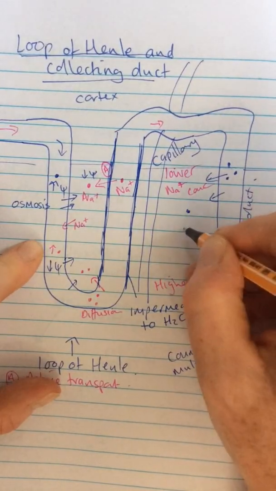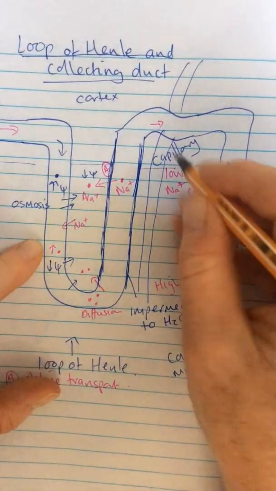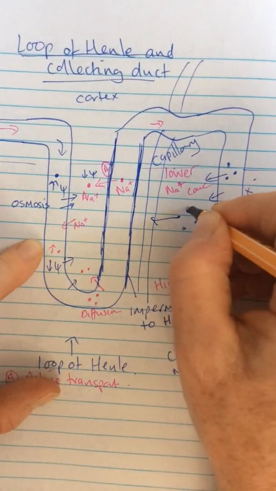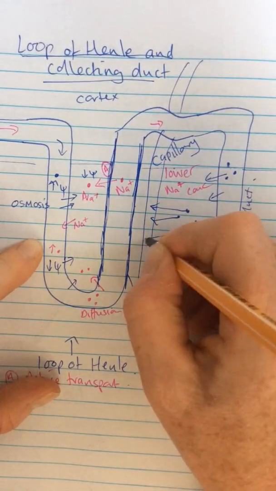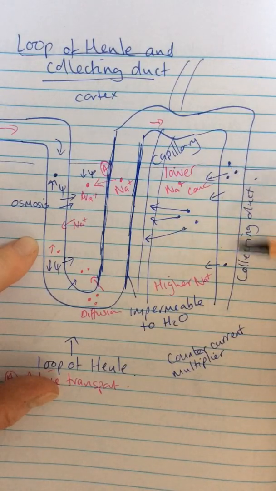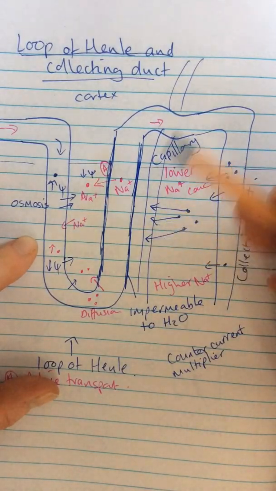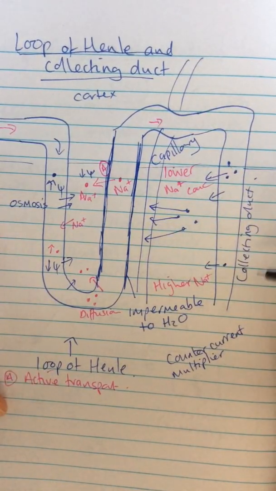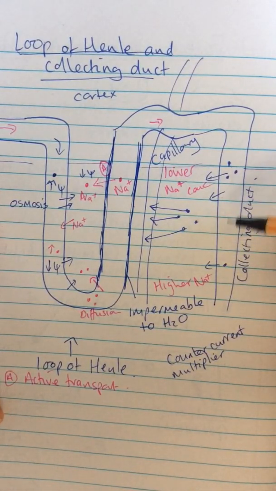Water that's moved out into the medulla will then be reabsorbed back into the blood. Okay, so the point is that you're trying to get the water from the nephron and into the blood, which is where you need it. Okay, the way that this is controlled involves a hormone called ADH, and I'm going to do a different video on that because that's a little bit complicated.